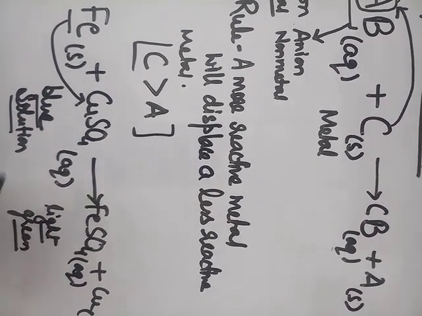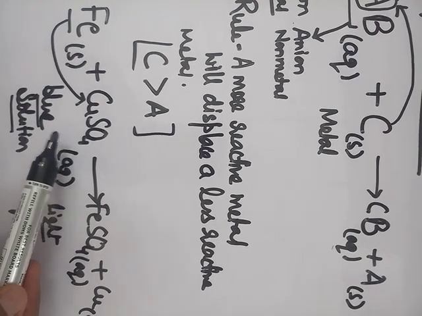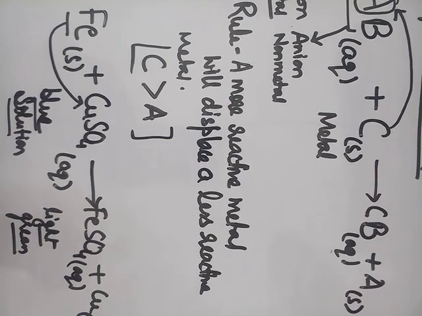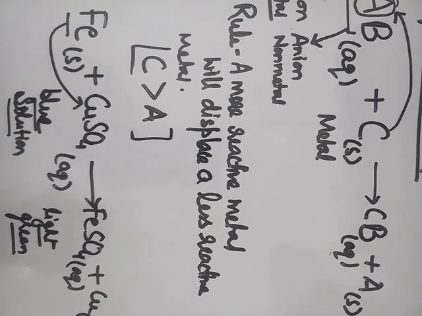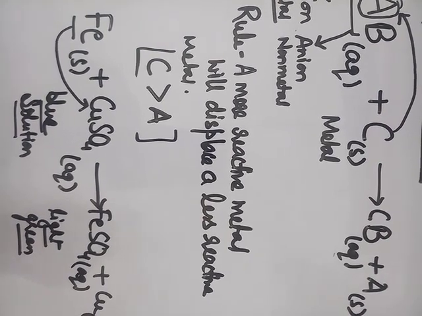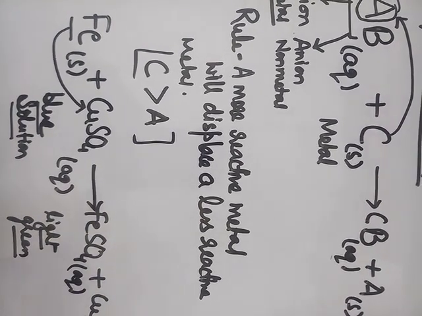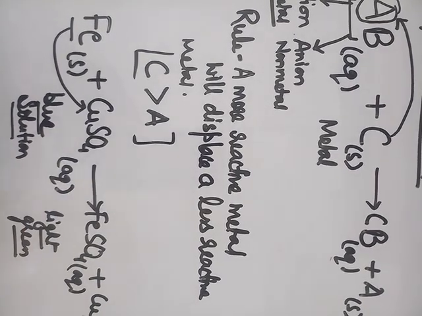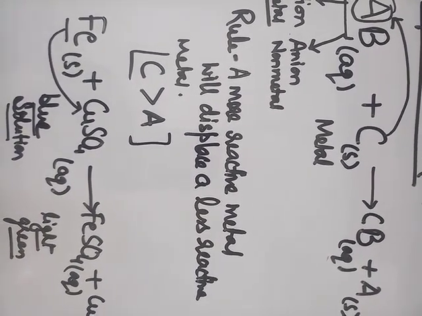This occurs because the solution which was copper sulfate, when iron is added in it, changes from copper sulfate to iron sulfate. So that is why there is a change in the color. I'll show you this with the help of a diagram.